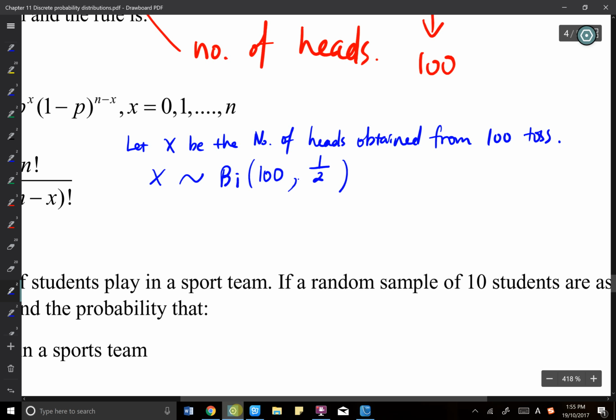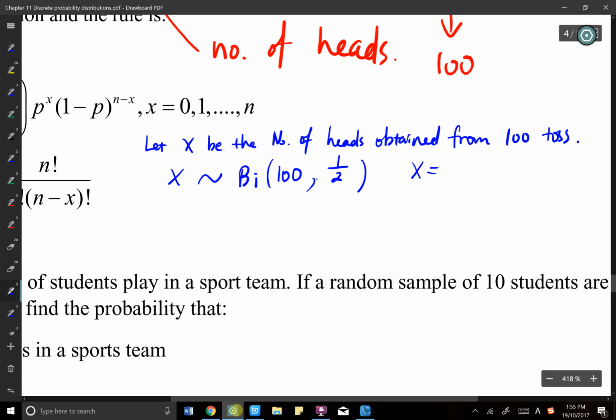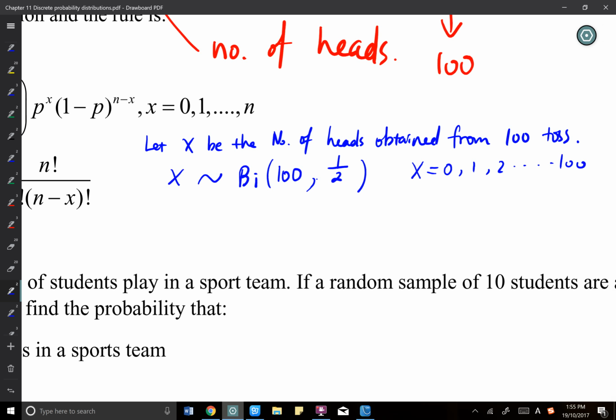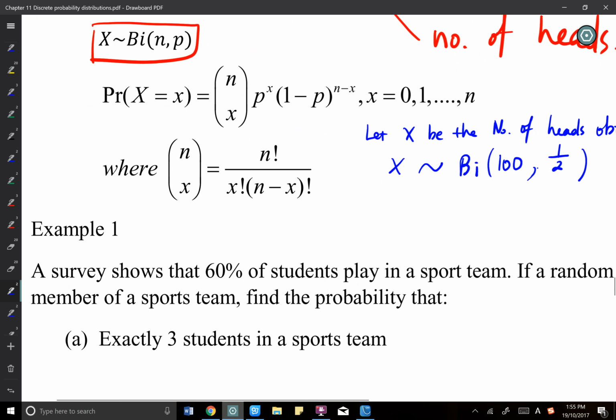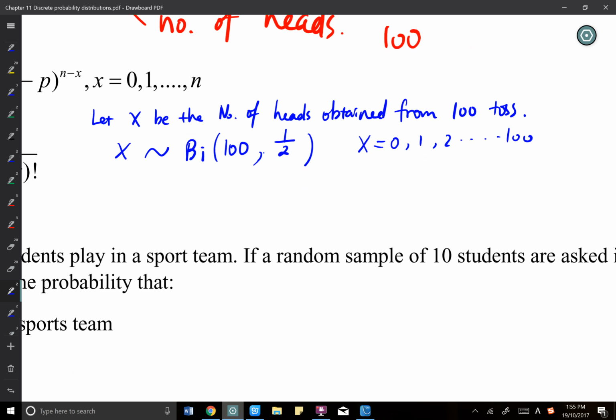So this is just the notation that says what your x follows. And your x in this case can be 0, 1, 2, dot, dot, dot, 100. That's the possible values x can take for this question. And then, very important, that's to find the individual probabilities.